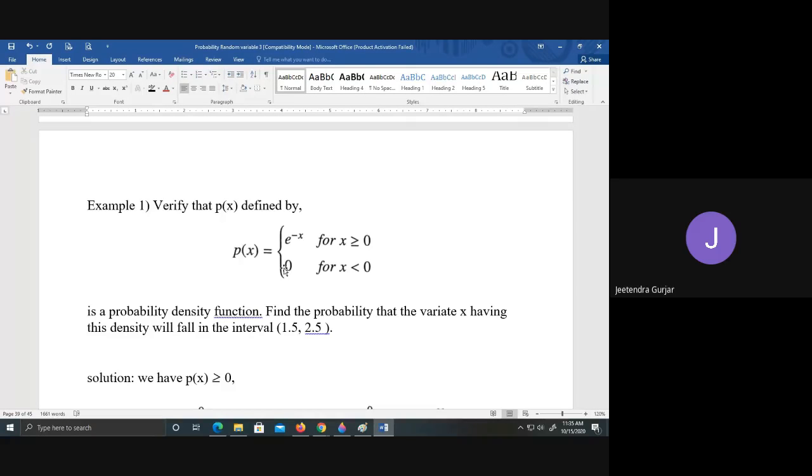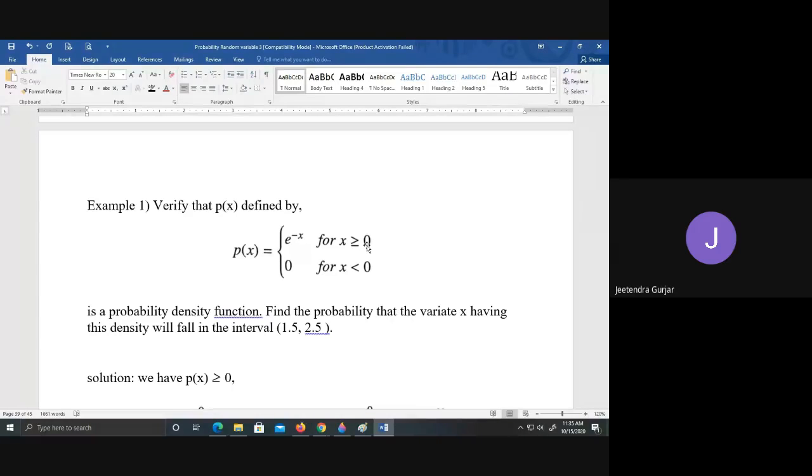Remember this. If this is a continuous random variable, how are you going to identify it? Very simple. This x is greater than or equal to 0, which tells you this is a continuous random variable.